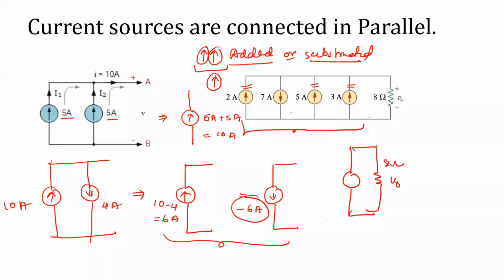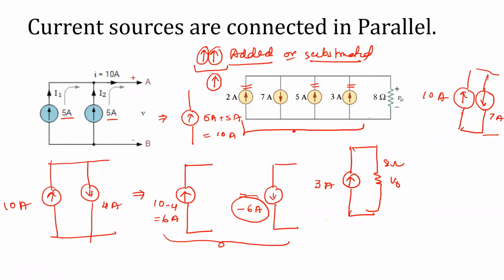They are following the same direction, so all these 3 can be added. This is 10 amps, upward direction. Then 7 amps, it is downward direction. As a result, 10 minus 7, it is 3. Direction should be upward.